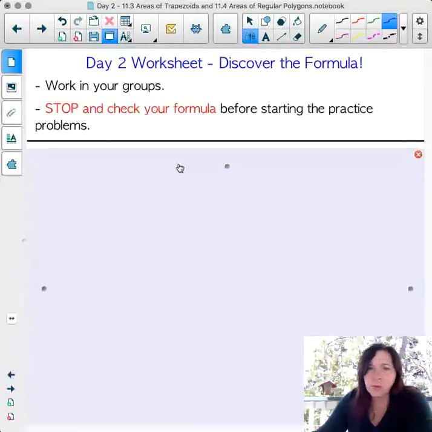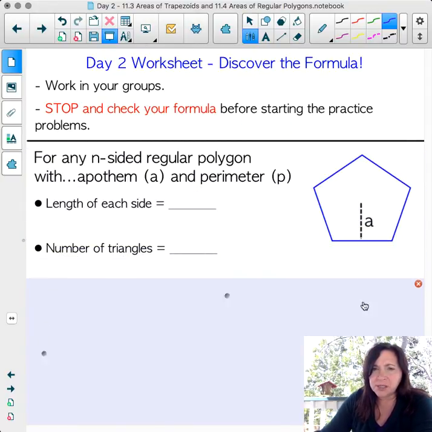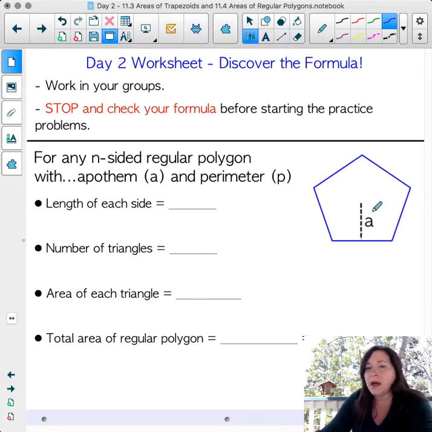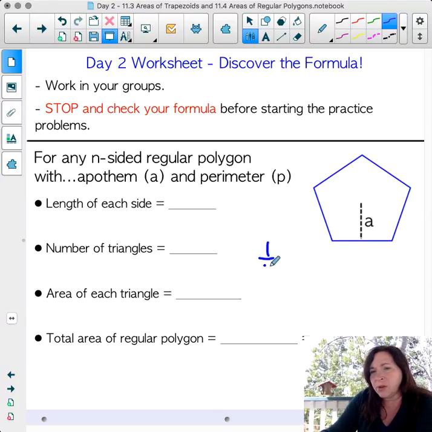So working in your groups to solve for the equations, this is just for any n-sided polygon. They're just talking about the apothem and P being perimeter. When you're using 1/2 A N S, the number of sides times the length of one side, these two terms are actually your perimeter.